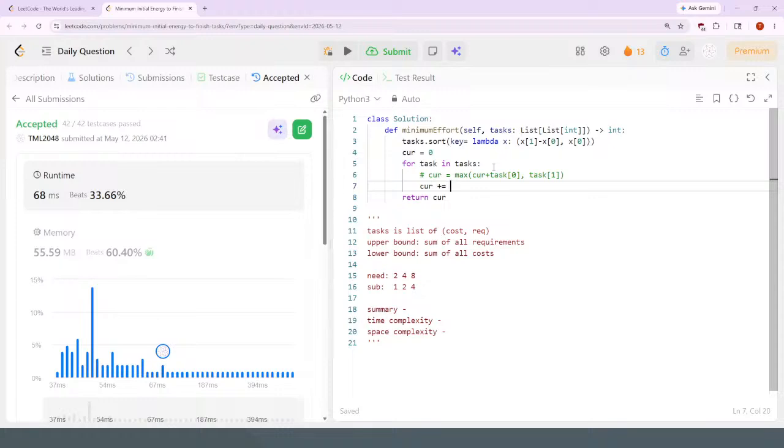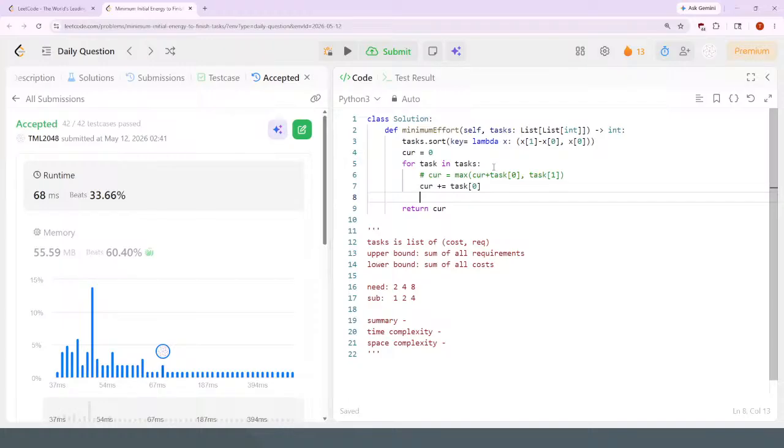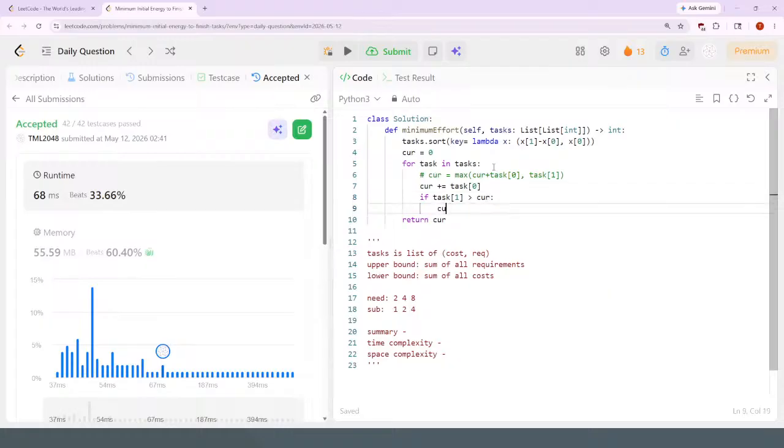So if I just did current plus equals task at 0, if task at 1 is greater than current, current equals task at 1. Okay.